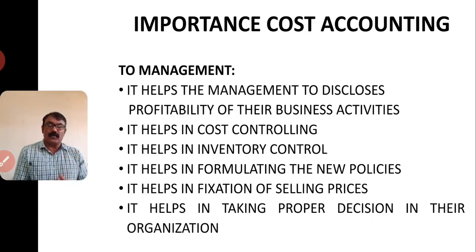The stock will be controlled and levels maintained. Stock levels are maintained by economic order quantity, minimum stock level, maximum stock level, reorder level, and danger level, and they take measures at the appropriate stages. Because of this, it is also one of the importances or advantages of cost accounting.